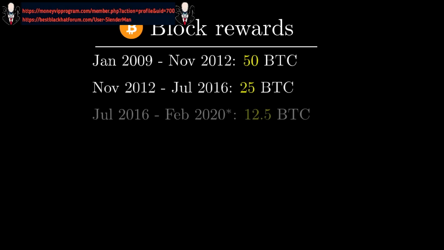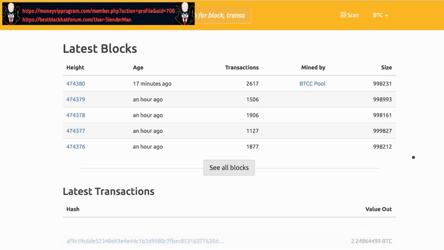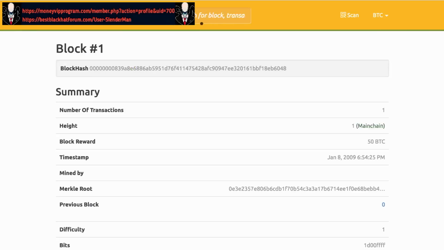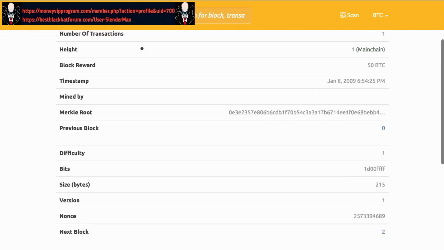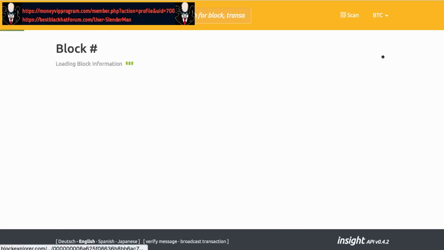And all of the money in Bitcoin ultimately comes from some block reward. In the beginning, these rewards were 50 Bitcoin per block. There's actually a great website you can go to called Block Explorer that makes it easy to look through the Bitcoin blockchain. And if you look at the very first few blocks on the chain, they contain no transactions other than that 50 Bitcoin reward to the miner.